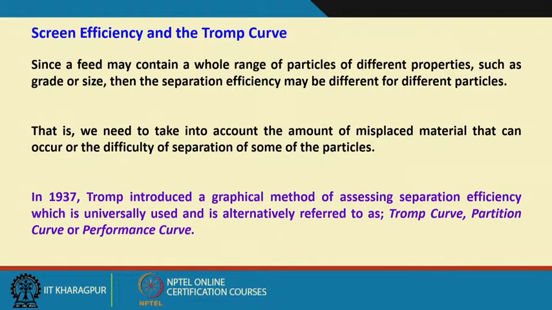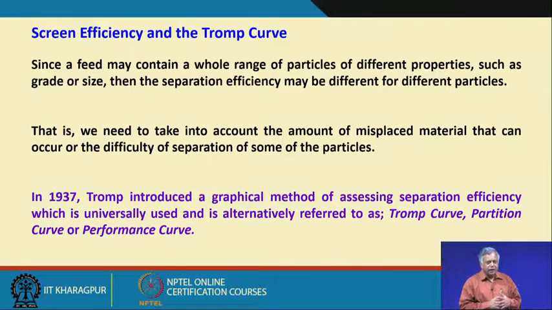There are also other ways of looking at the screen efficiency. So, it is called the screen efficiency and the Tromp curve, because a feed may contain a whole range of particles of different properties such as grade or size, then the separation efficiency may be different for different particles.